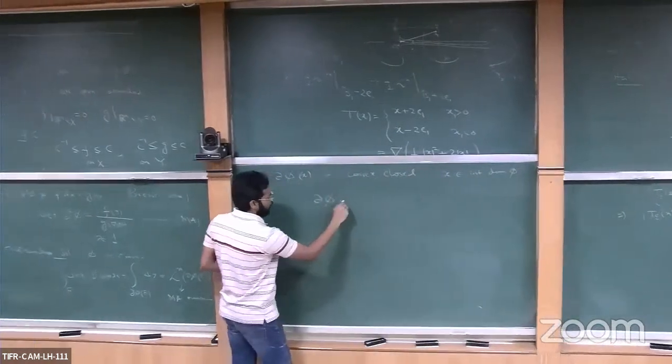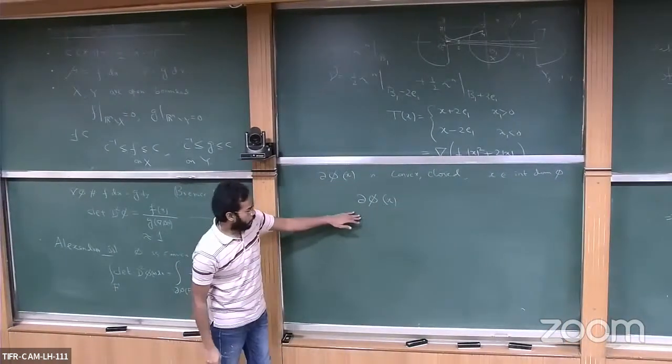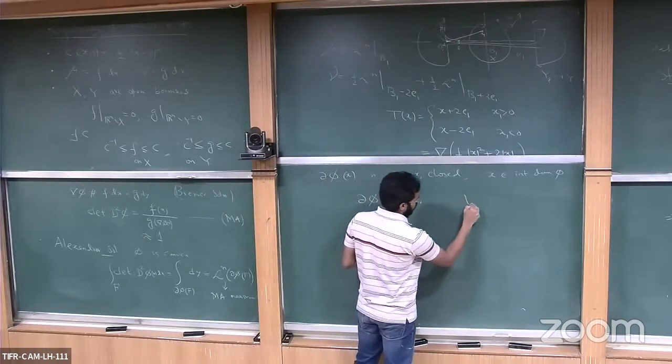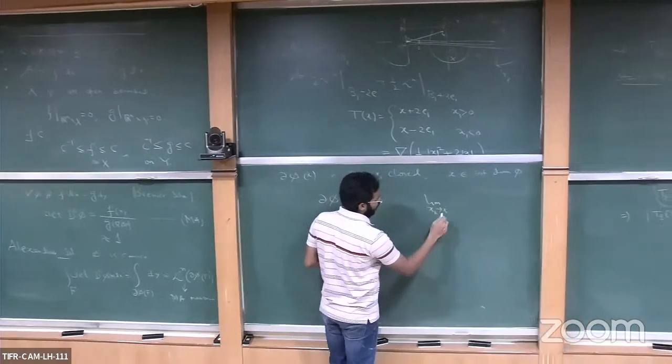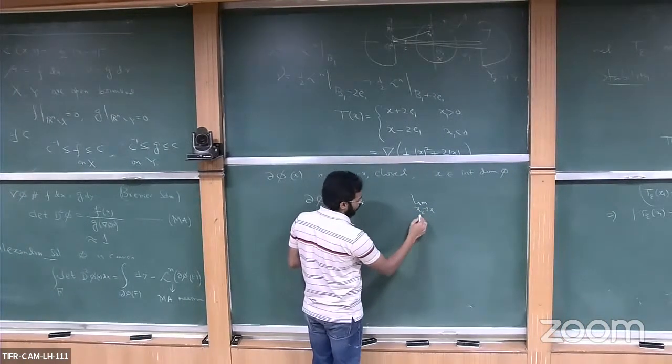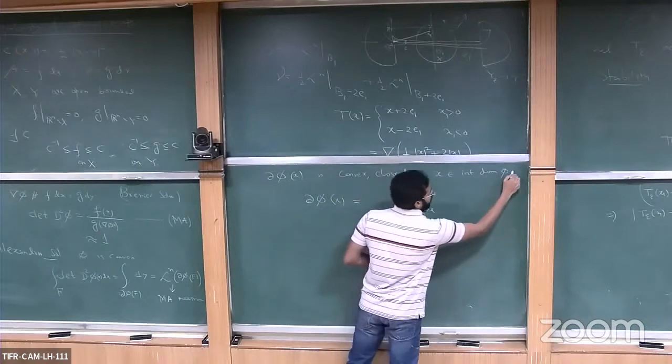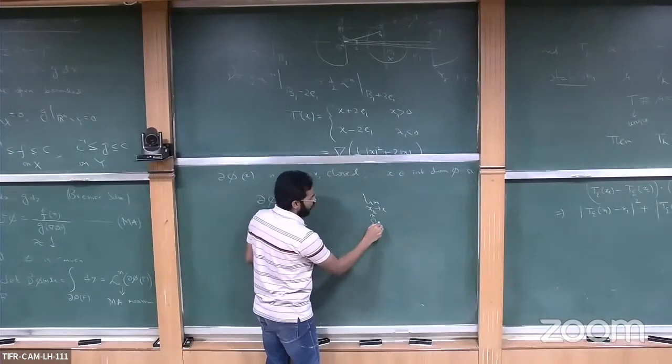Then the subdifferential at x you can compute by taking all the limits, xk converge to x. Of course xk belongs to the domain, let me denote it by omega.